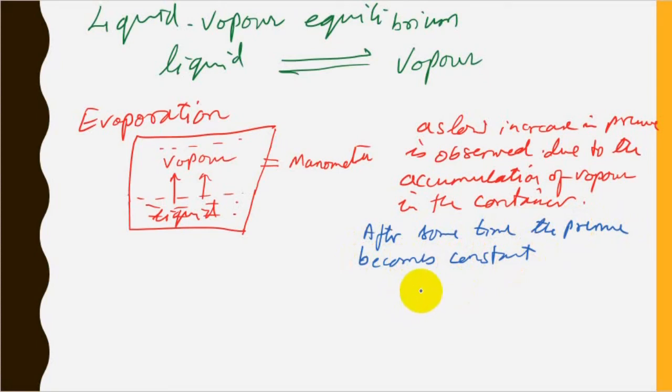Beyond that, you don't see any increase in pressure. There was an increase, it was going on increasing, but after some time, the increase has stopped. Why has it stopped? That you have to know first. Then I'll tell you other things.